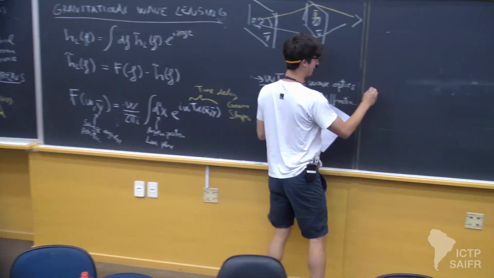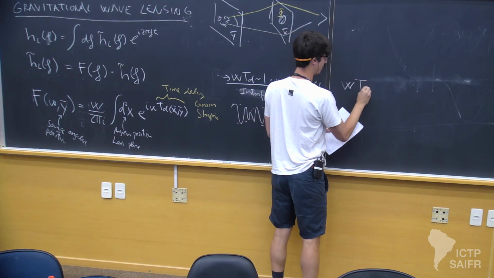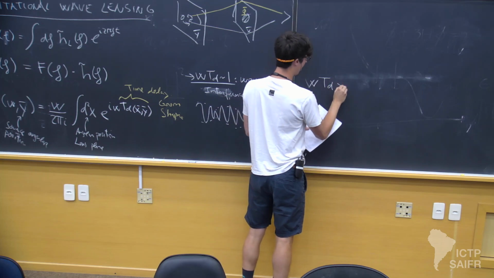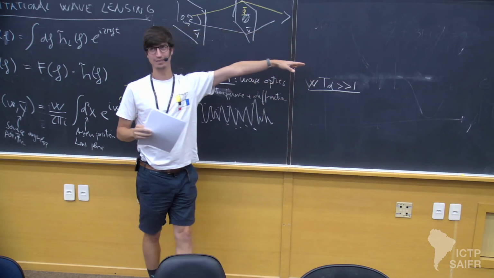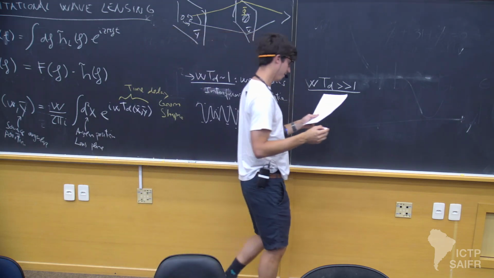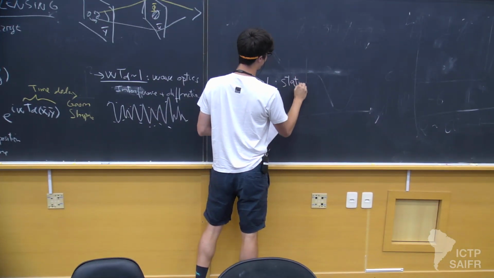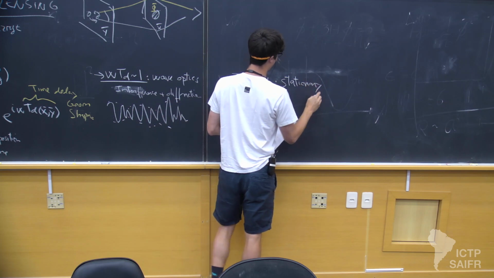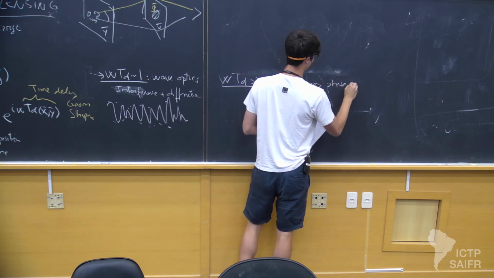But then there was another interesting regime, which is actually the most common for big lenses, such as galaxies, which is when the frequency times the time delay is a large number, because then the integral can be solved in the stationary phase approximation.